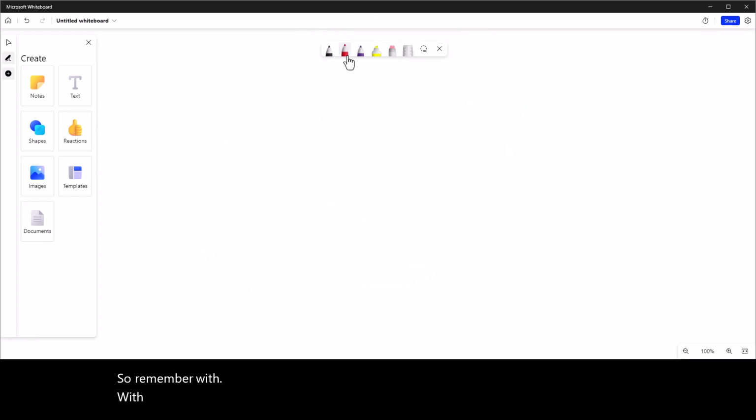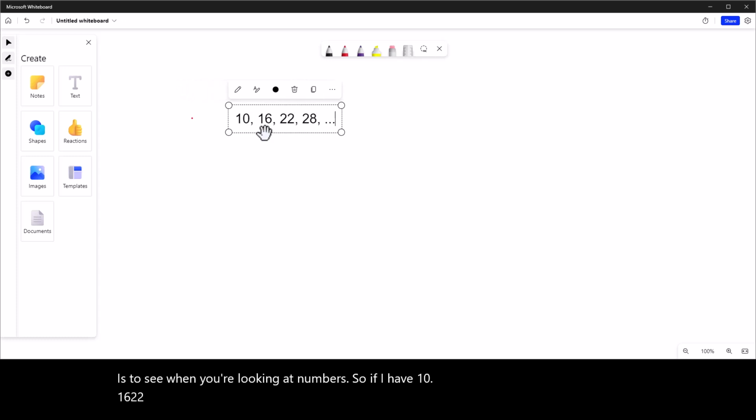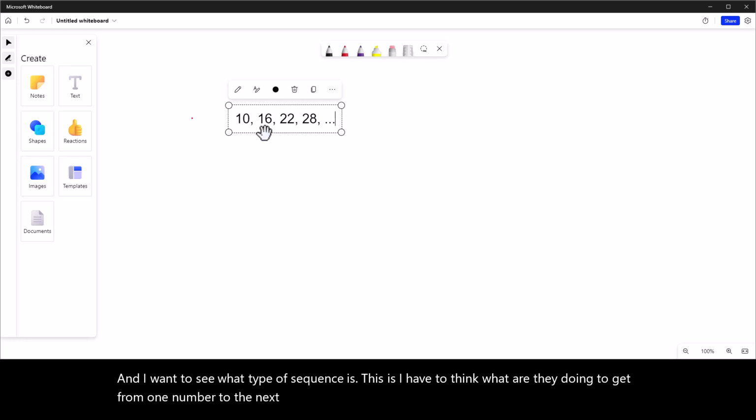with sequences, what you want to look for is to see when you're looking at numbers. So if I have 10, 16, 22, 28, and I want to see what type of sequence this is, I have to think, what are they doing to get from one number to the next? It has to be the same operation each time.